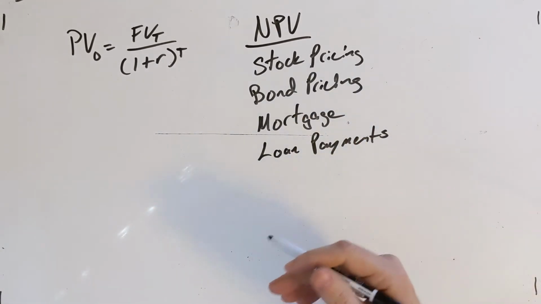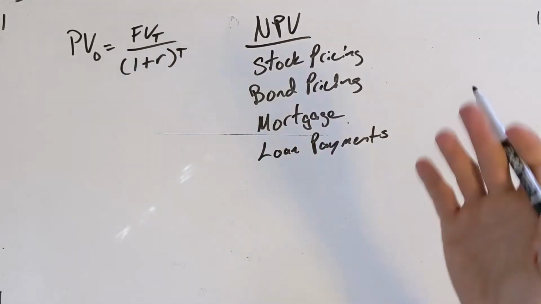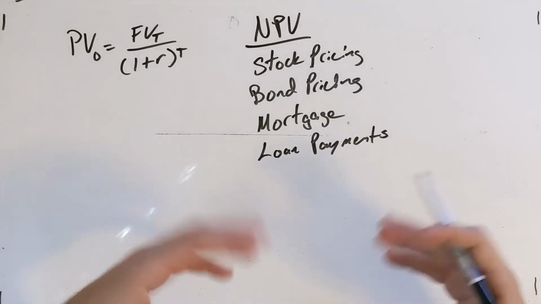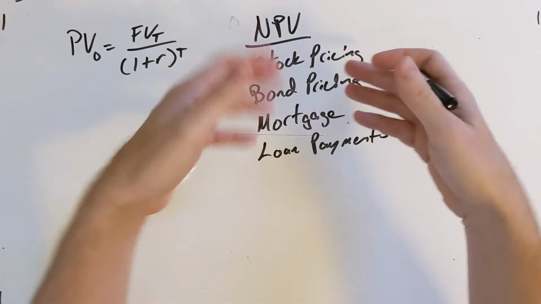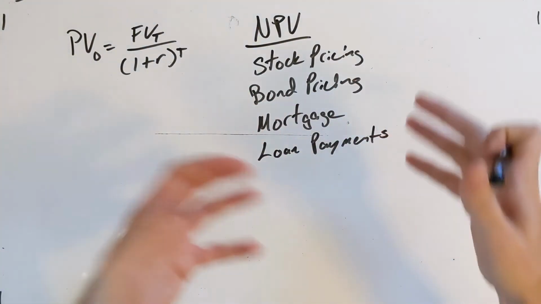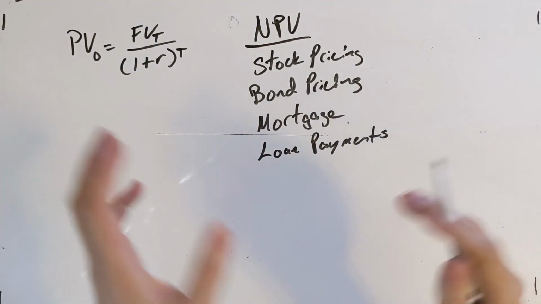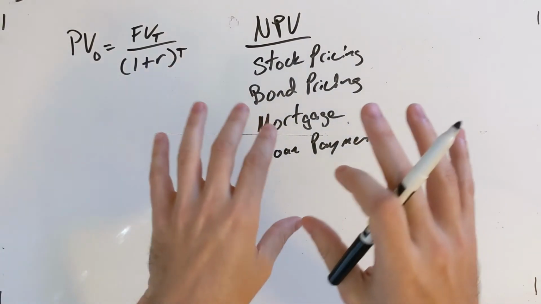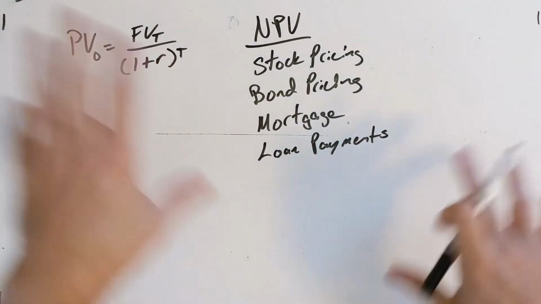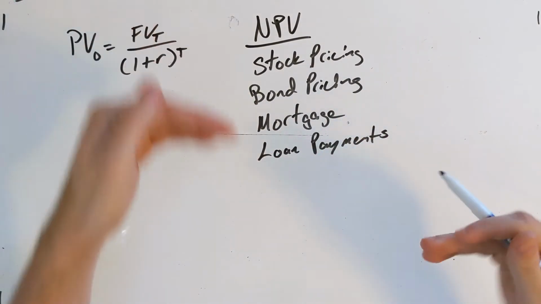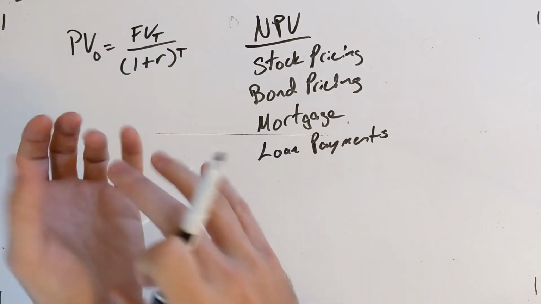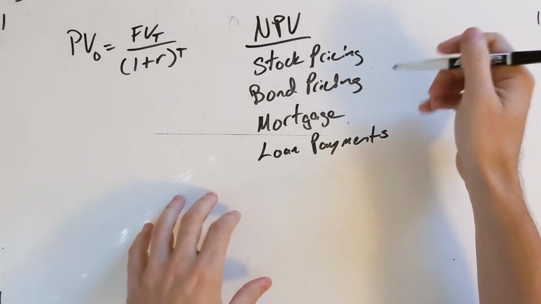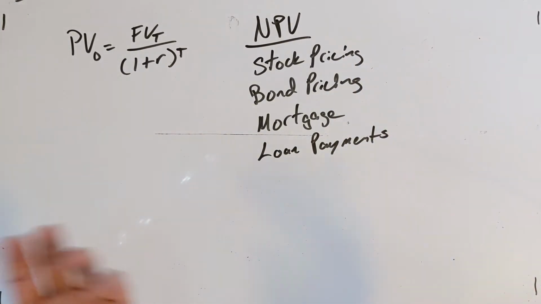The value of hiring a new employee or undertaking a new product development, right? All of these things involve somewhere along the line net present value calculations, because we have to take cash flows that occur at multiple periods in time, but since they're all related to the same thing, we need to put them together to understand value. And so it's very powerful, and it shows up all over the place.